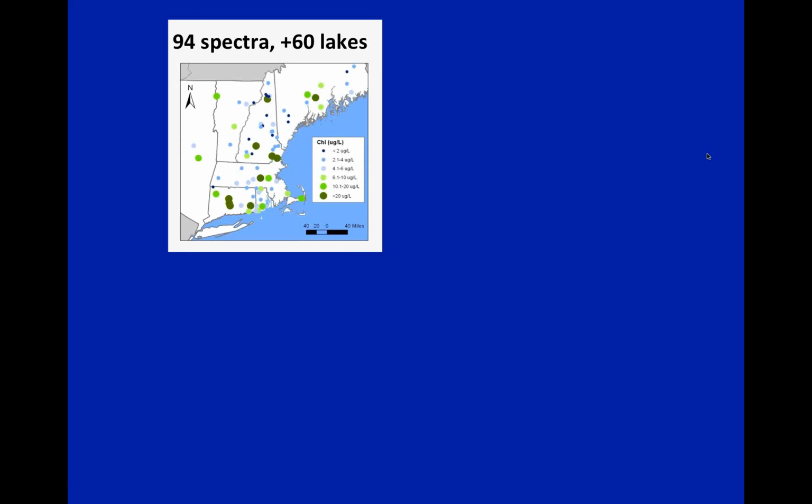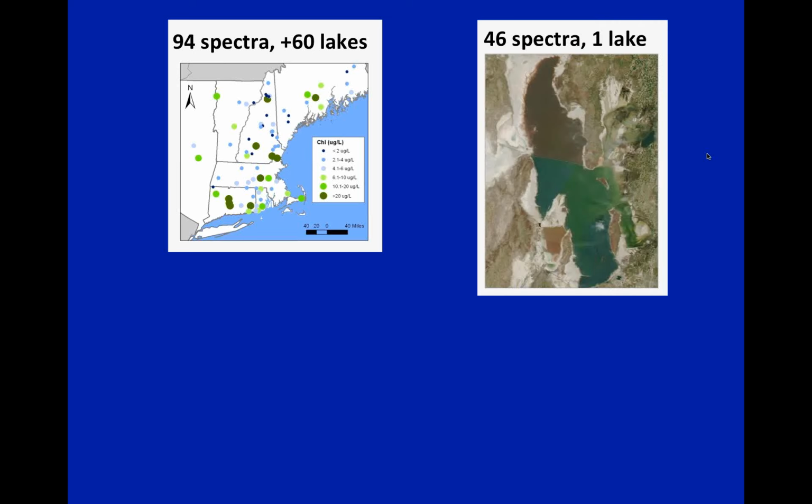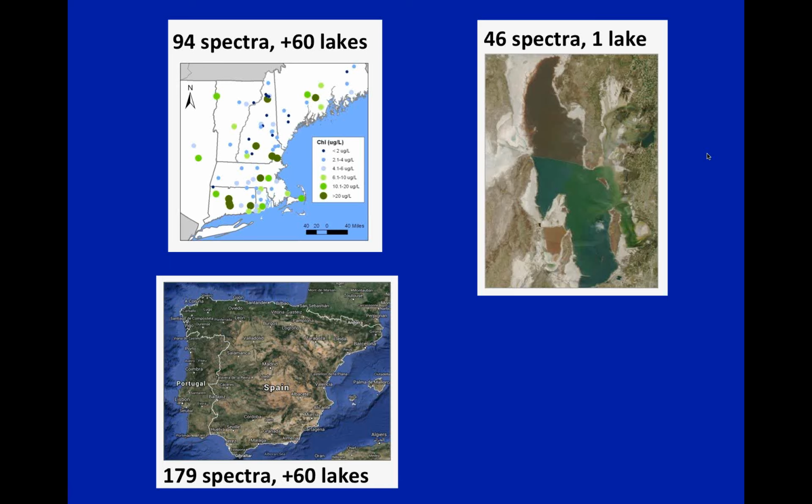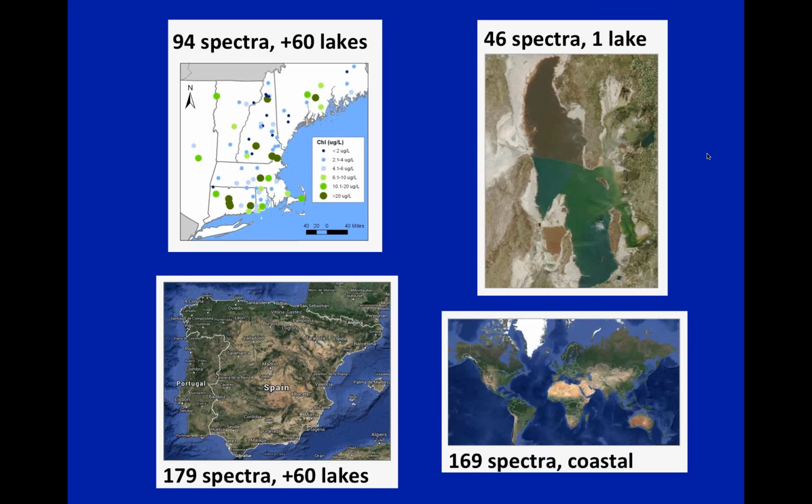So one of the things that I did was look at my data from my dissertation, plus the other part of my dissertation, which was several trips I had taken to the Great Salt Lake to collect data. And I teamed up with one of my remote sensing friends from Spain, whose job it was to do a lot of sampling of lakes all over Spain. And then I connected with some of the ocean remote sensing people here at UNH, and they gathered from NASA's database about 169 different spectra from coastal regions.